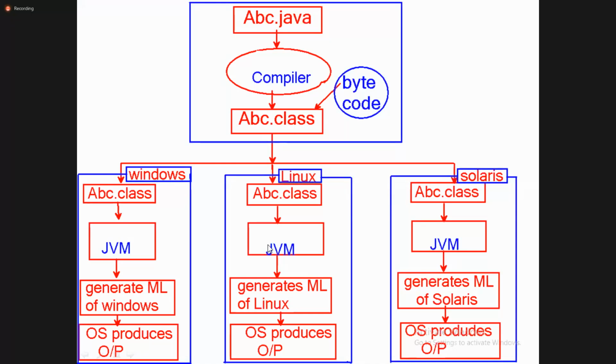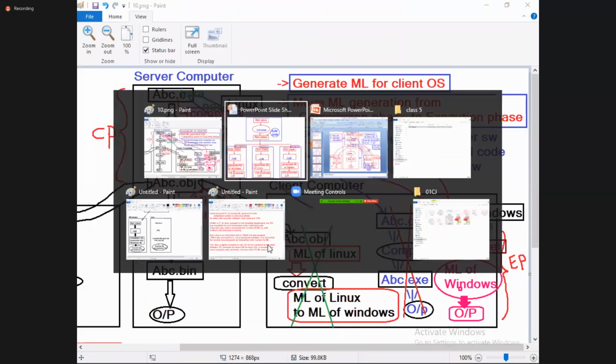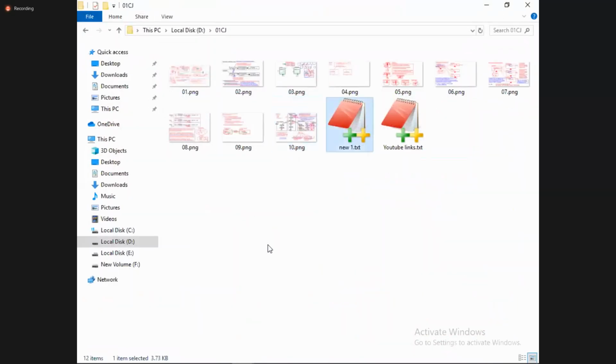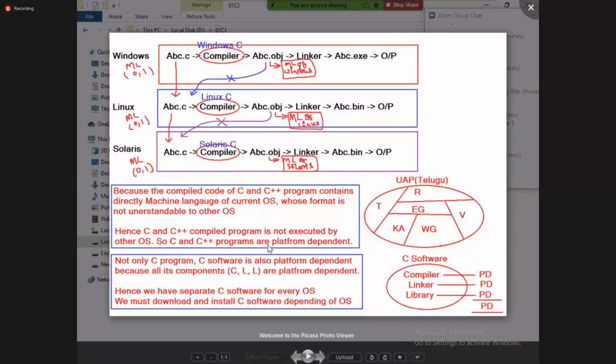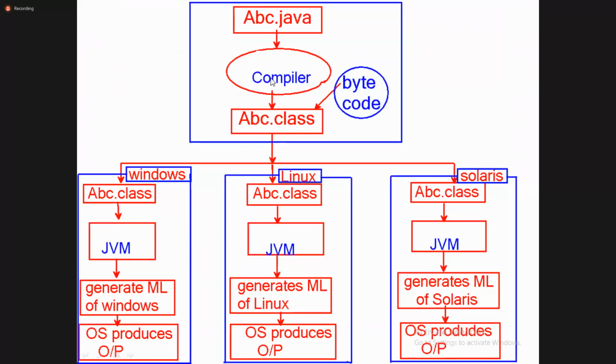Okay, now let me ask a question. In C language, if you go back to our previous diagram, the compiler software is specific to the operating system, right? Compiler software is specific to each and every operating system. We have separate compiler software like that.